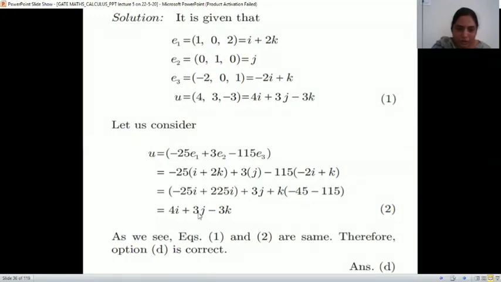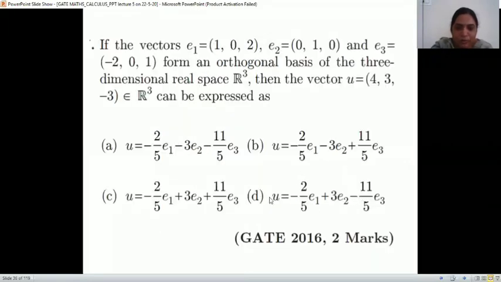After solving this, I'll get 4i bar plus 3j bar minus 3k bar. This is your u bar. Whatever we solve should match your u bar. Only the fourth option is matching in this case, so the correct option is the fourth one. You can check at home. I'll send you the PPT.